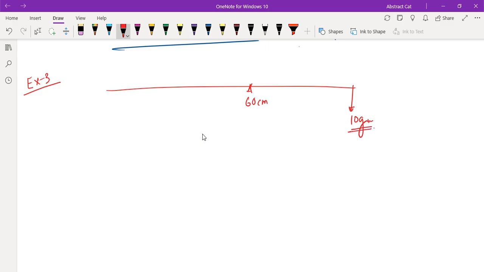The g is considered 10 meter per second square, so mg for the 10 gram is suspended here.